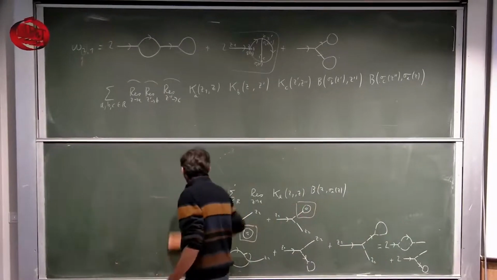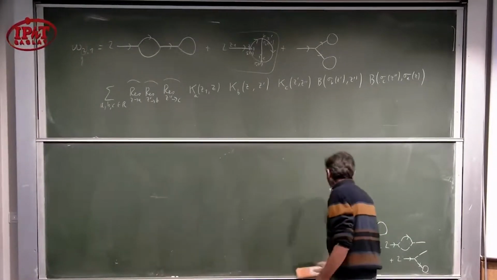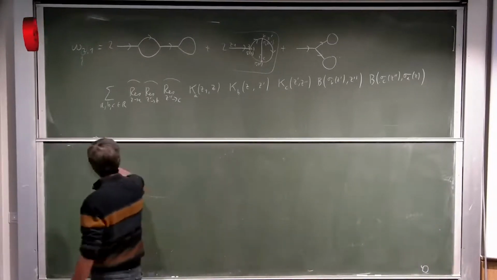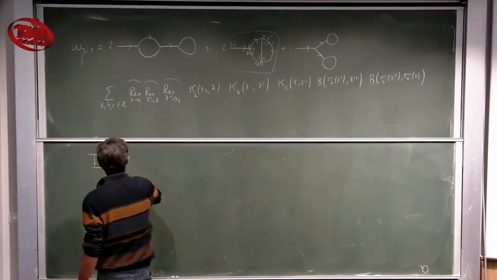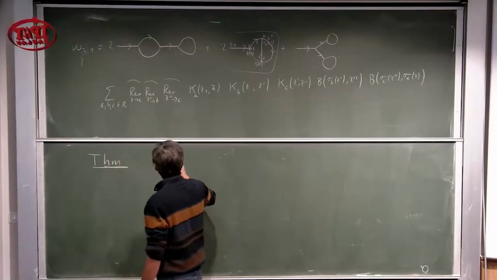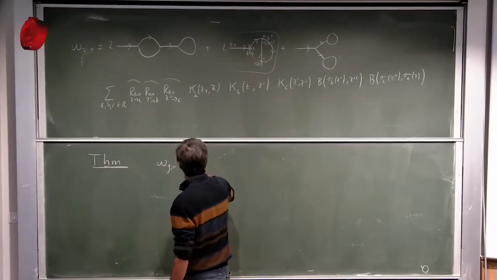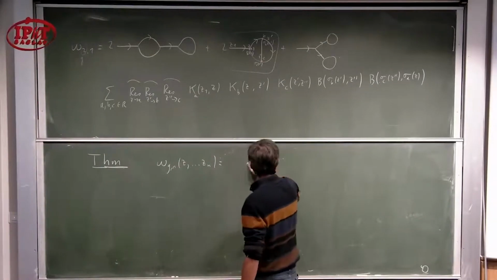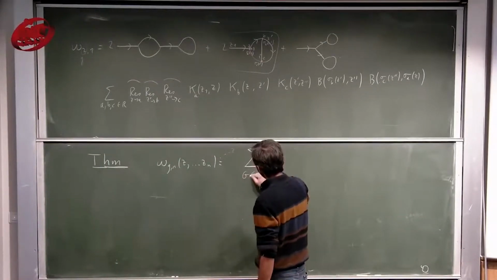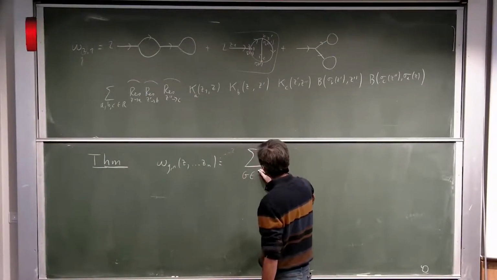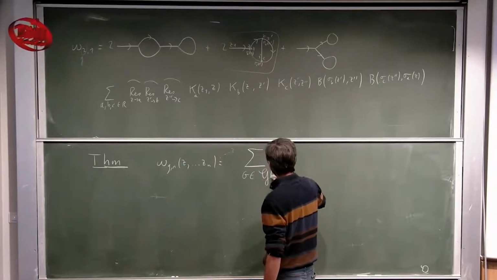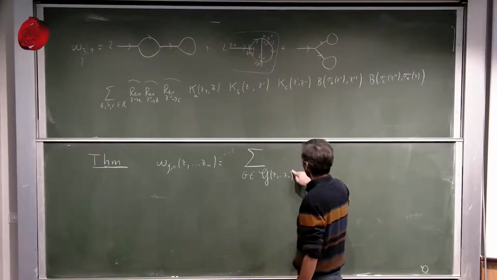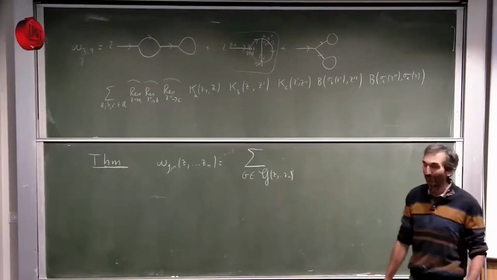So indeed, I wanted to write it as a theorem. Theorem: omega g n of z1 zn is the sum over graphs G belonging to a certain set of graphs that I will call big G of z1 zn, on which I will write in a minute what it is.